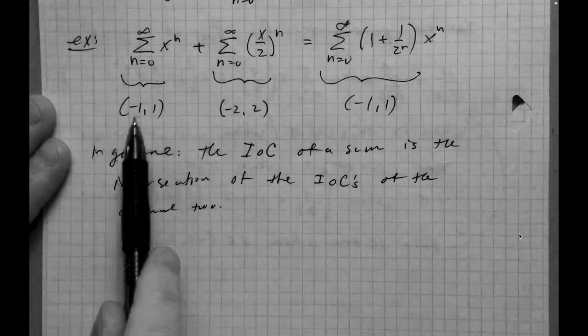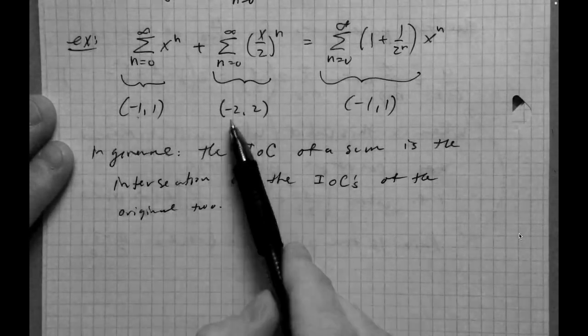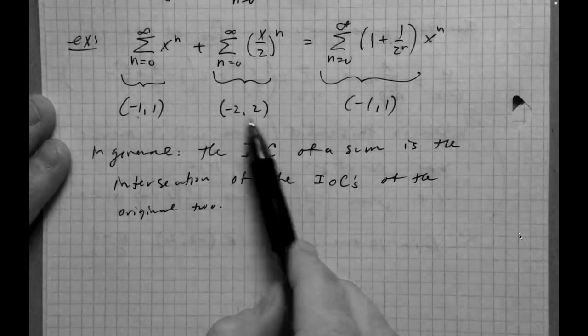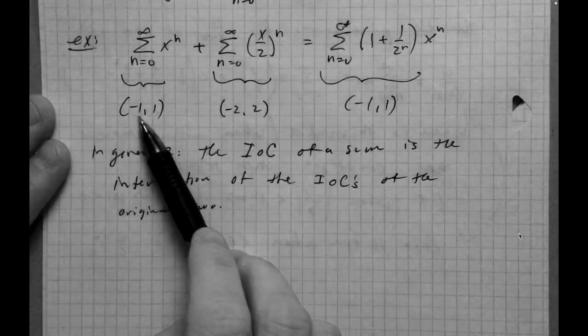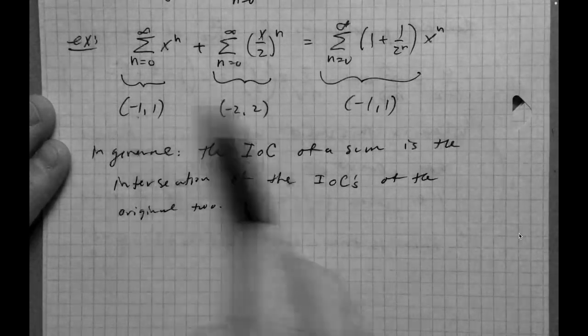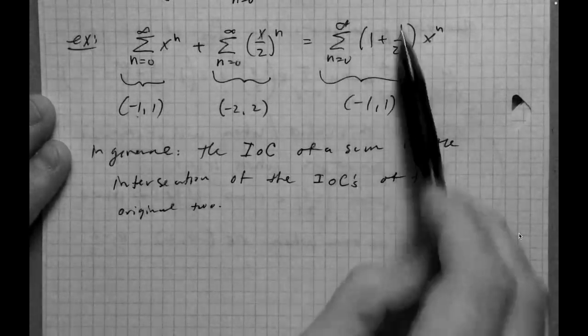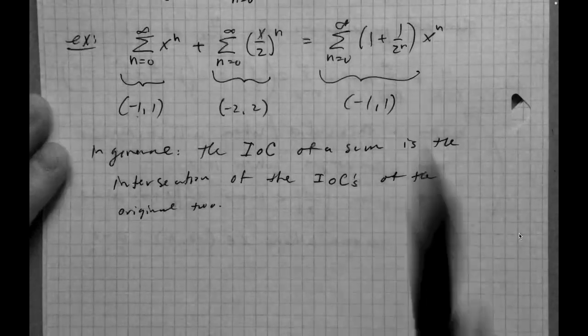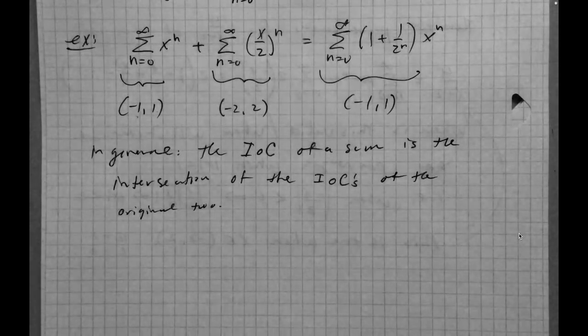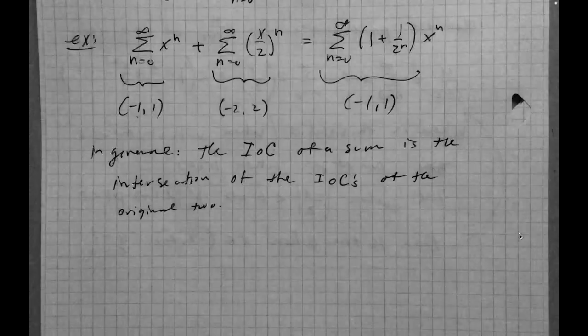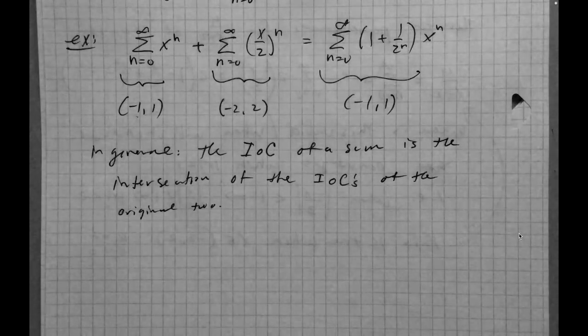The interval of convergence is -1 to 1 here. The interval of convergence is -2, 2 here. So the IOC is -1, 1 and -2, 2. The intersection of those two is going to be the IOC for the sum. Okay, so that's the general principle here.